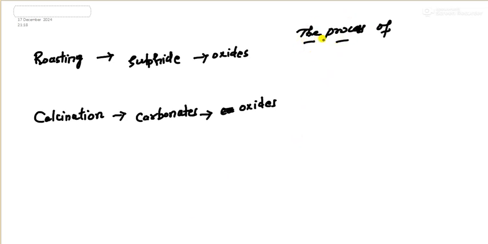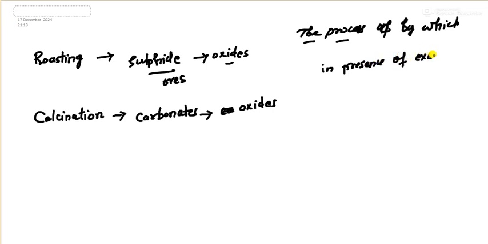There was some issue. Okay, see, the process by which sulfide ores are converted into oxides by heating strongly in excess air, that is called roasting.